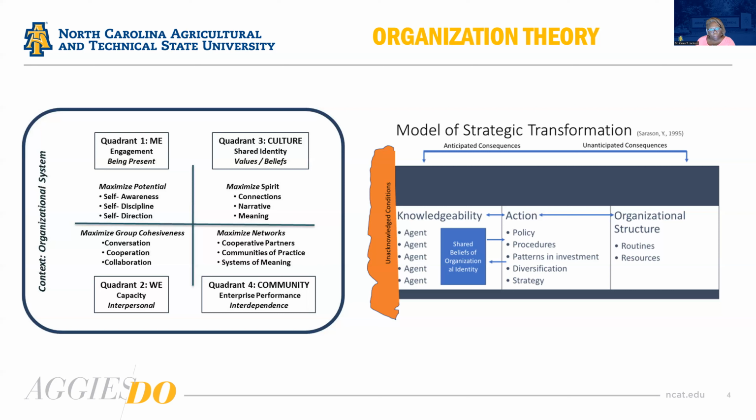Now, we don't want to take away from the fact that each leader is their own person, right? Their own self that they are taking into consideration when they're making these decisions. But there are also external factors that we have to take into consideration.